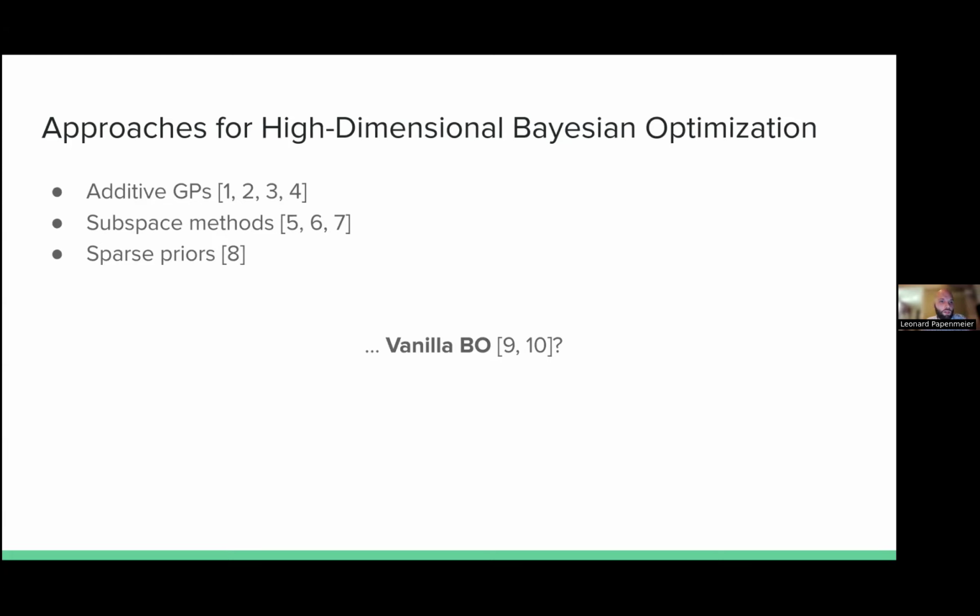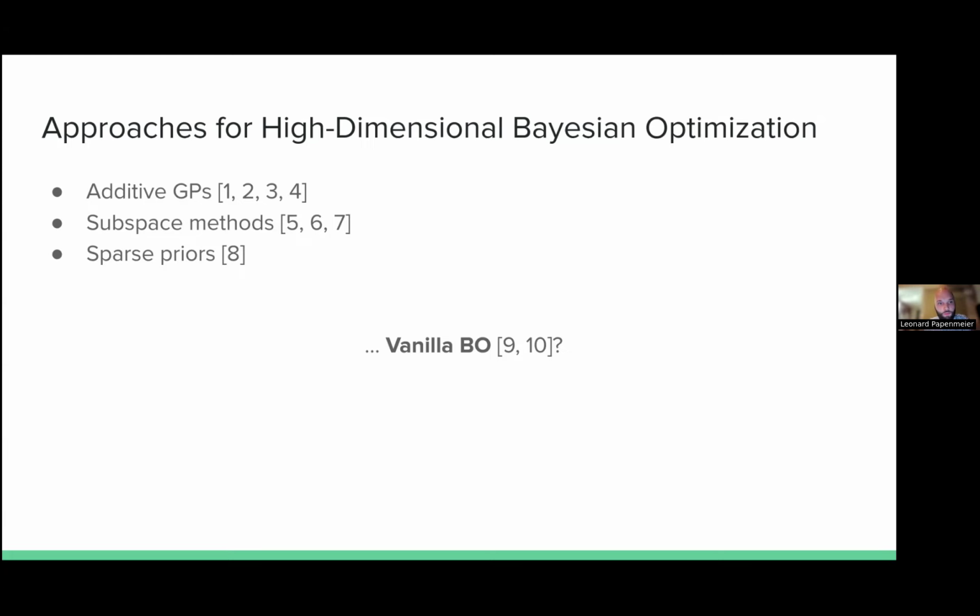Right. So what people have done for high-dimensional Bayesian optimization is to make certain assumptions on the structure of the function. There's this class of additive GPs that assume that f has an additive structure. Then there are the subspace methods, on which I've worked myself in the past, where you assume that the model has a low-dimensional effective subspace, and you aim to recover that, and then you model the GP in a low-dimensional space, hopefully coinciding with the true effective subspace.